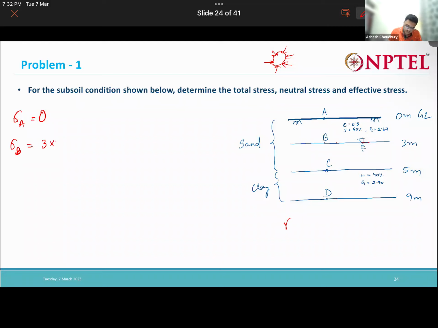Right? So what is my gamma T? It is (G plus S e) divided by (1 plus e) into gamma W. If you put the values, please put G equal to 2.67, S equal to 0.4, e equal to 0.5. Please put all the values and find the value of gamma T.